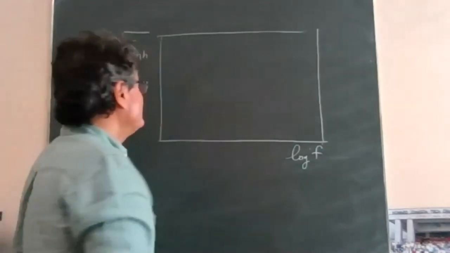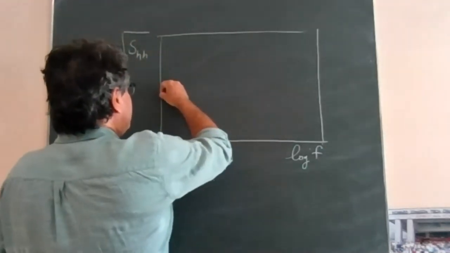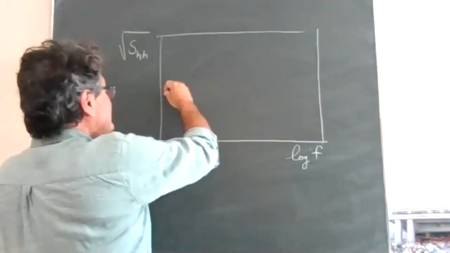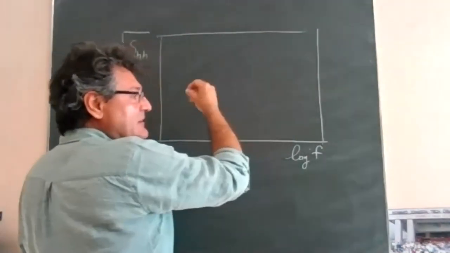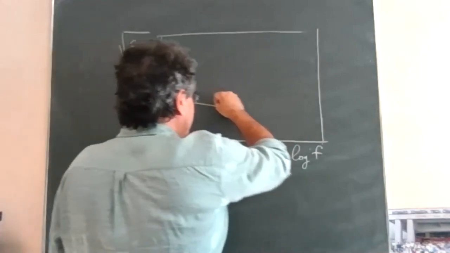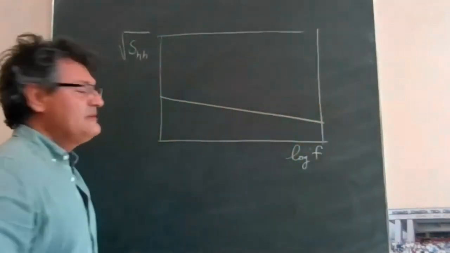The two thermal noise contributions: the thermal noise that comes from the coatings of the mirrors has a typical shape like this.